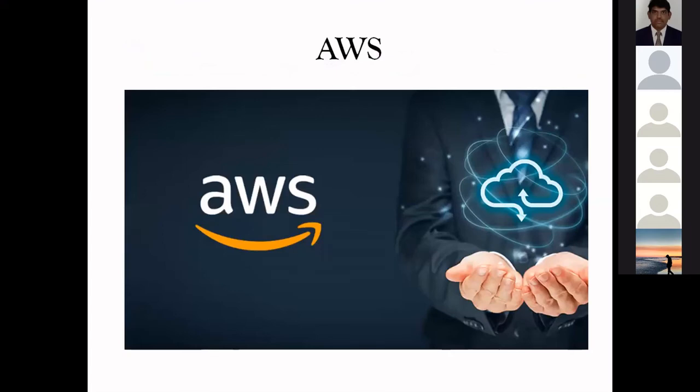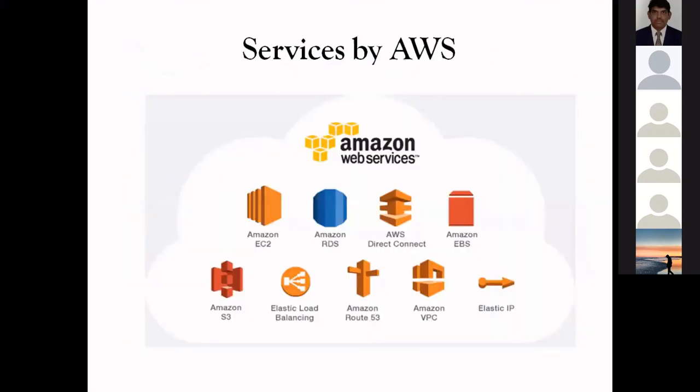And now we'll see AWS. AWS is one of the cloud computing services which provides various services for different organizations. So these are all the different services provided by AWS, and there are almost 260 plus services, such as Amazon EC2.